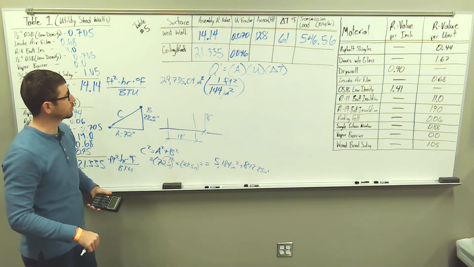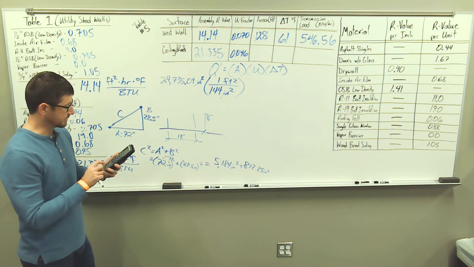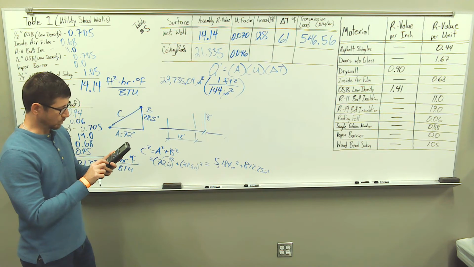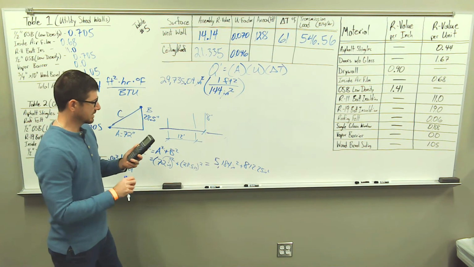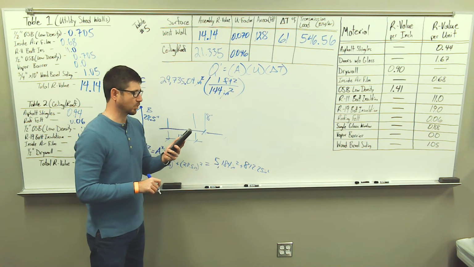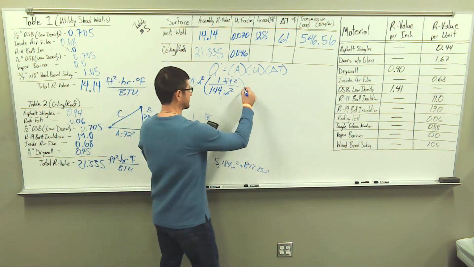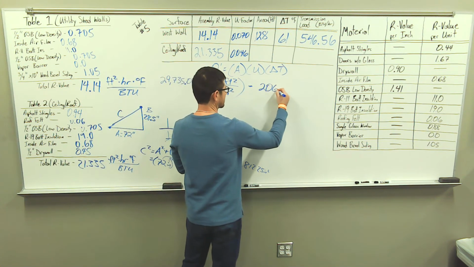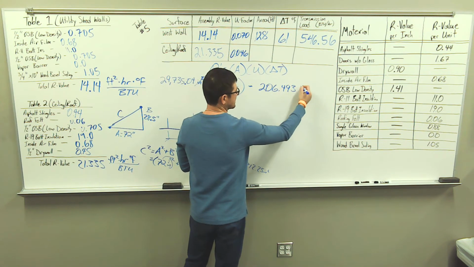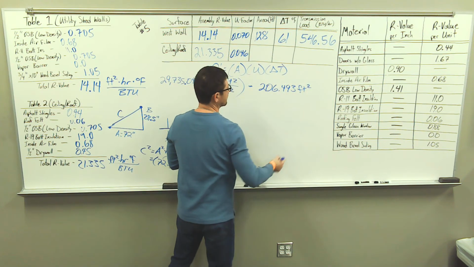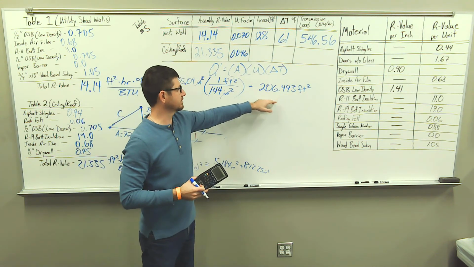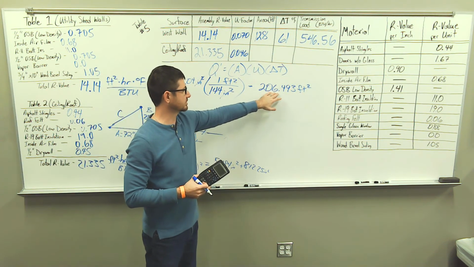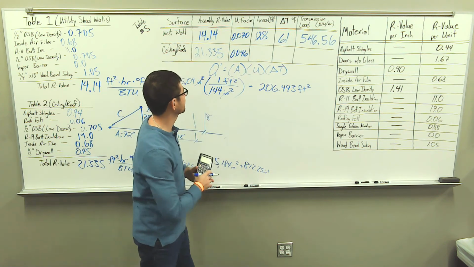So our value of 29,000, we're going to divide that by 144. And that's 206.493 square feet. And just to make the numbers a little bit easier, I'm going to round this up to 206.5 square feet.